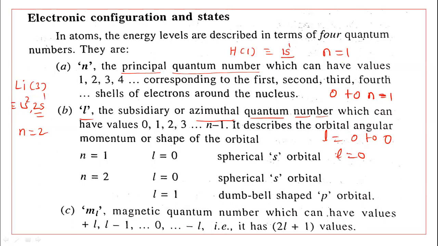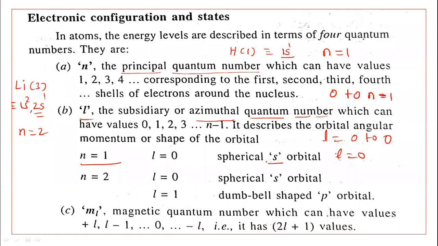So for hydrogen, n equal to 1 here. Therefore, L equal to 0. The electron is present in the s orbital, spherical s orbital.